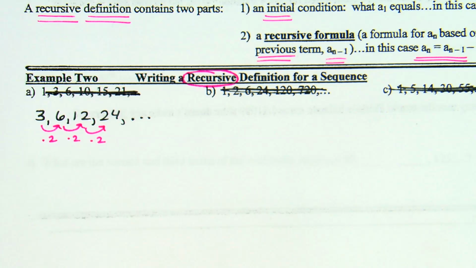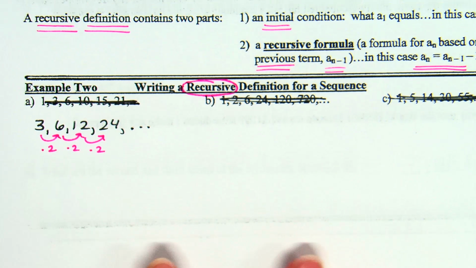If I ask you to find the 100th term, what are you going to have to do? Multiply by 2 a whole bunch of times? Okay. I'm not asking you to find the 100th term, but I'm just saying if I did. Now, for a recursive definition, remember there were 2 parts. The first part is you have to tell me the initial condition.